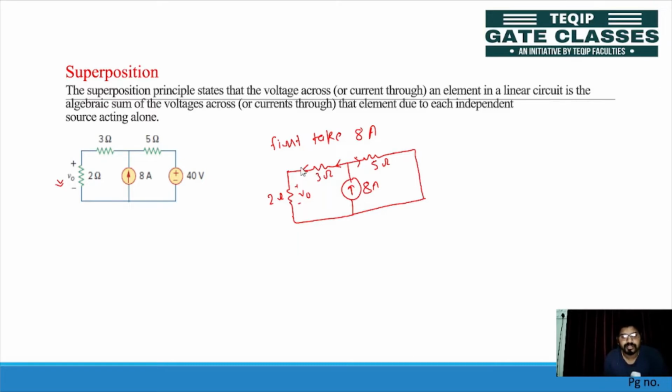So here the current will be 4 ampere. So your voltage V0, let's say V0 dash, will be equal to 2 ohm into 4 ampere, that is 8 volt. Okay, first step.